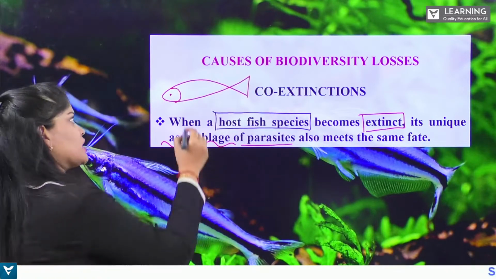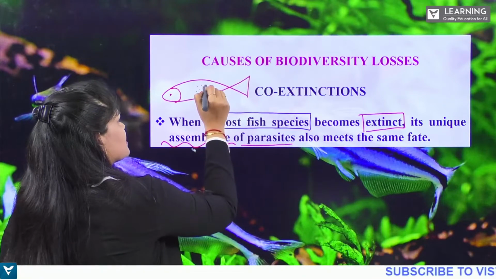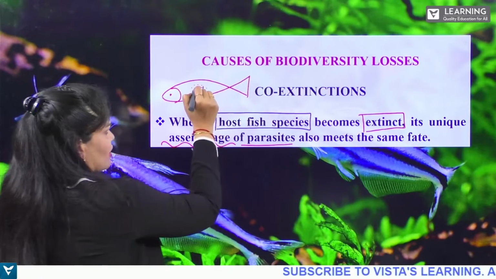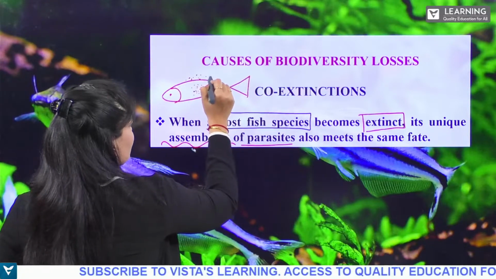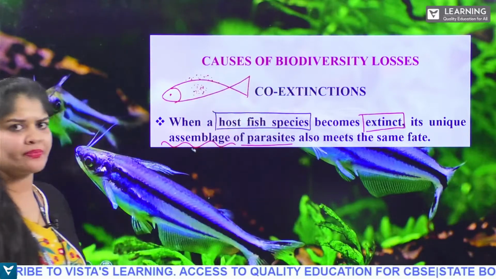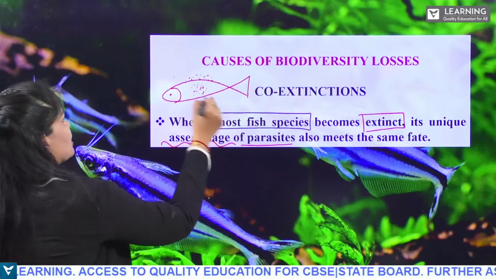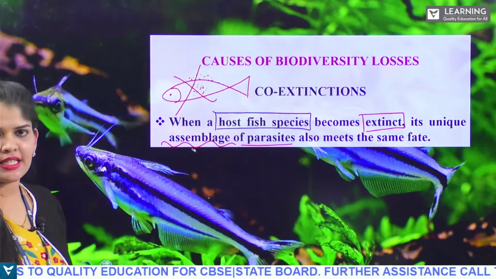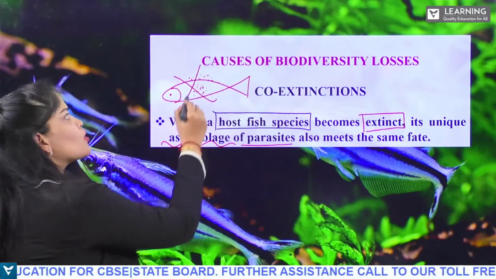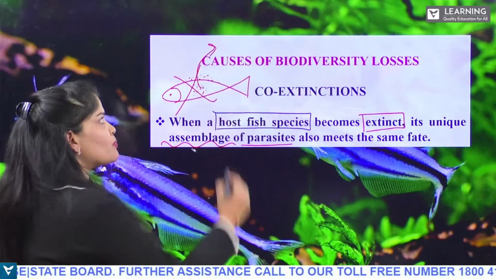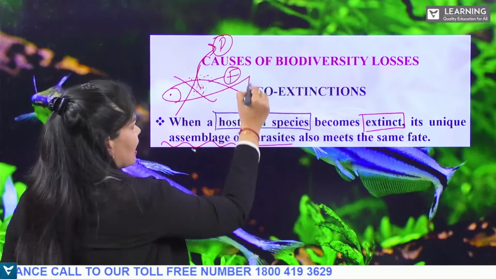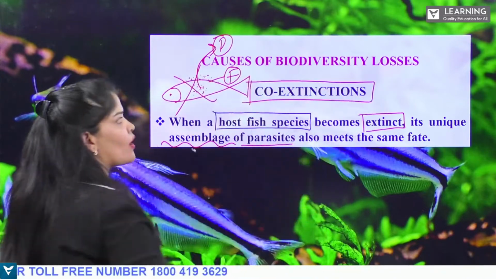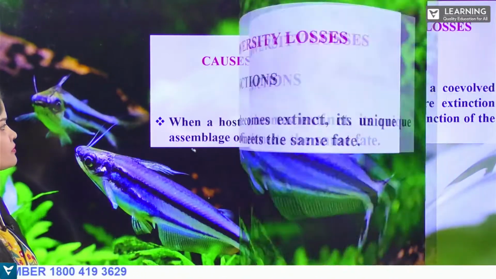Assume this is the fish, harboring some ectoparasites or endoparasites, either way, it is harboring some parasites. If this fish becomes extinct, obviously the parasites will also become extinct. Here both parasites as well as fish go extinct. That is what we call co-extinctions, right?